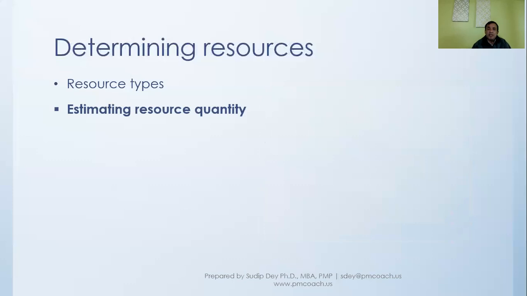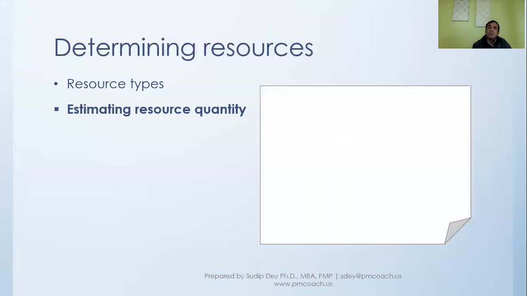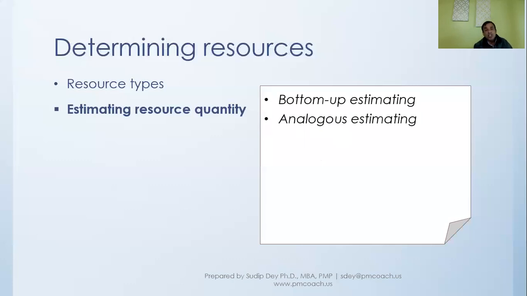In terms of estimating resource quantity, we will go through the familiar estimating techniques that we looked at. One is bottom-up estimating. That is, start with the lowest level, go up and aggregate, and see what kind of resources we need. Or analogous estimating, based on similar projects that happened before, where we can take cue from there and estimate for our project.